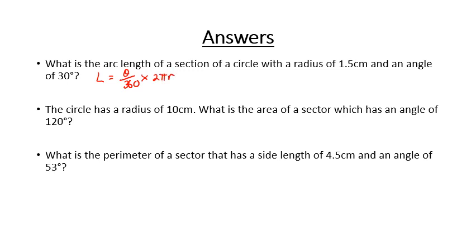If we put this all into our calculator, where our theta is 30 over 360 and our radius is 1.5, you should get 30 divided by 360 equals times 2 times pi times 1.5. You would have had 0.785 centimeters.